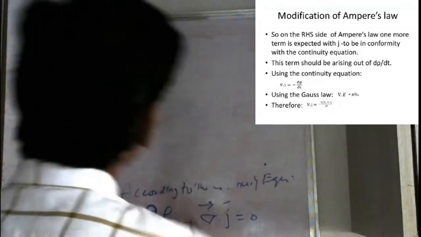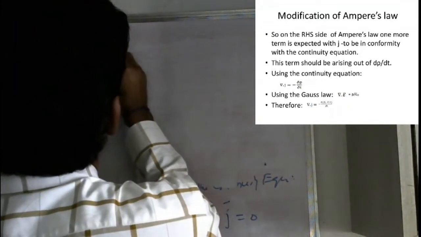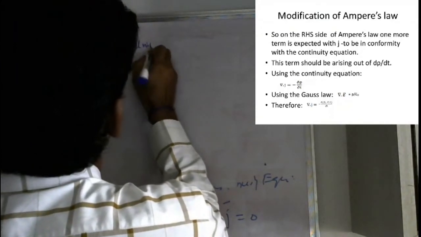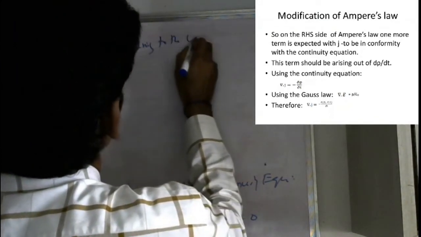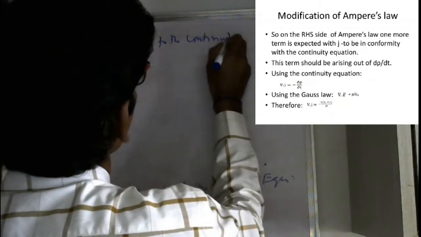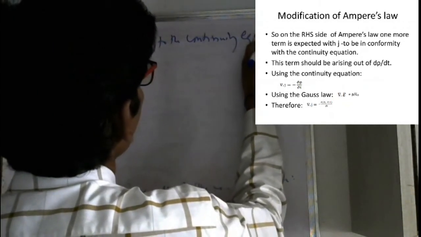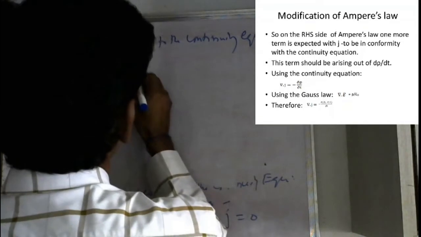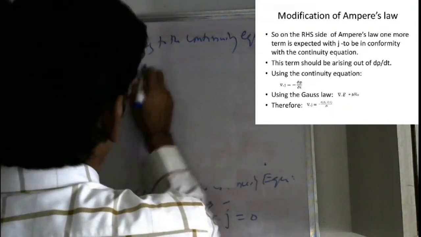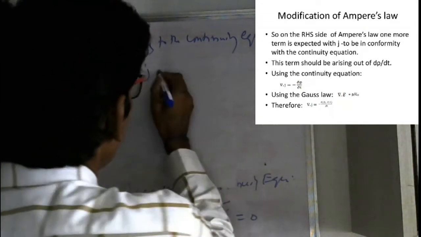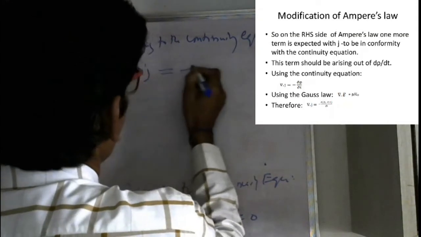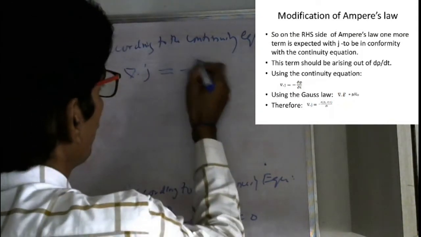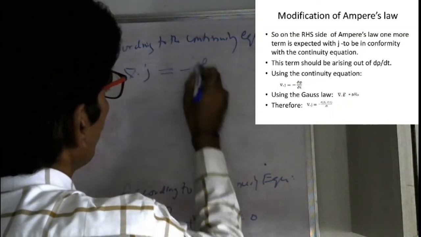According to the continuity equation, del dot j is equal to minus dou rho by dou t.